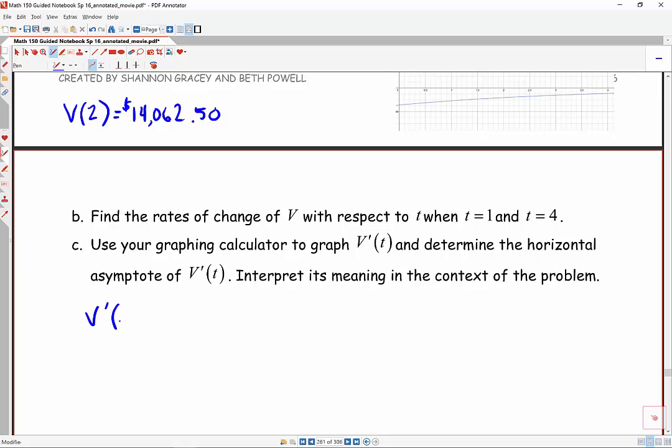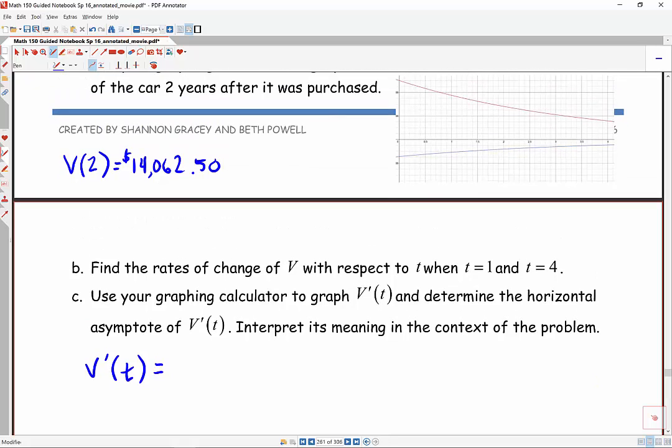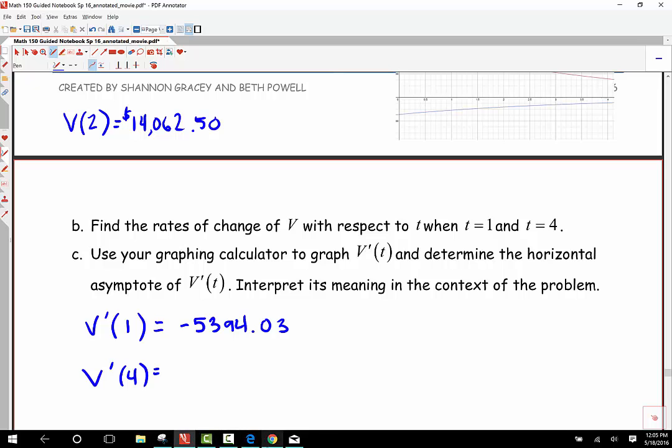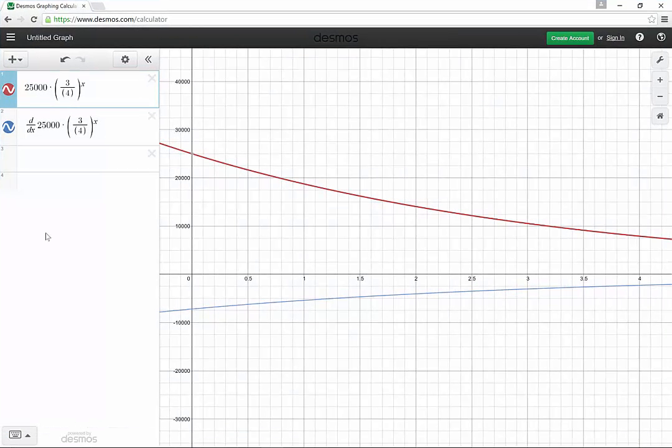I believe that was negative 53.94. Let's see. I'll check that. It's supposed to be 04, so I'll change that.